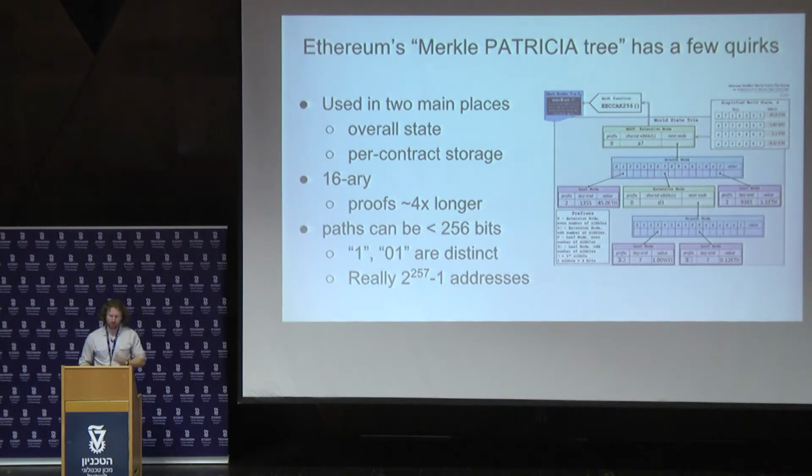There are a few subtle quirks of how this is actually done in Ethereum. So if you search for Merkle Patricia tree, you'll find a lot of documentation and code about how Ethereum actually builds this. And you may be thinking, I've seen this data structure before. It turns out there are a whole bunch of different names that have been used at different times by different people. I see Vitalik smiling at that.